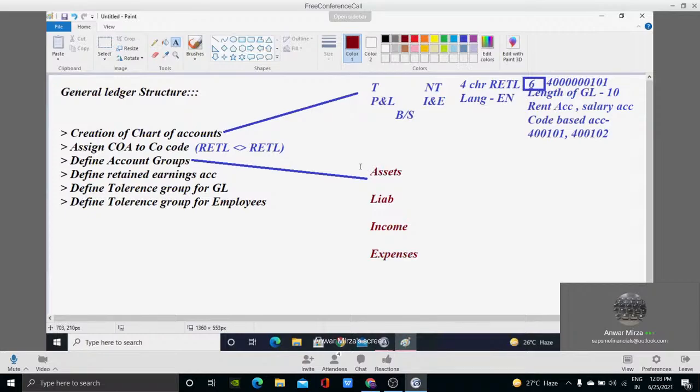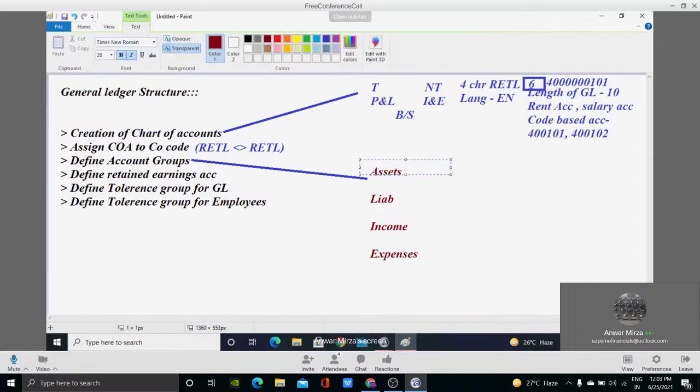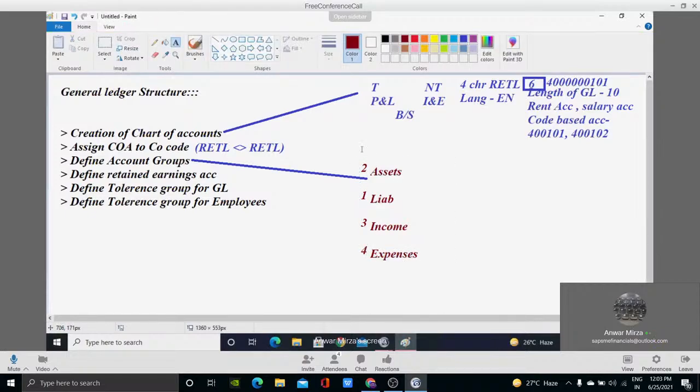Suppose for me assets I'm taking as 2, liability as 1, income 3 and expense 4. This is the most common series used in implementation, and it is not fixed. If you want, you can shuffle it. You can keep 2 as income, 3 as assets, 1 as expense and 4 as liability.